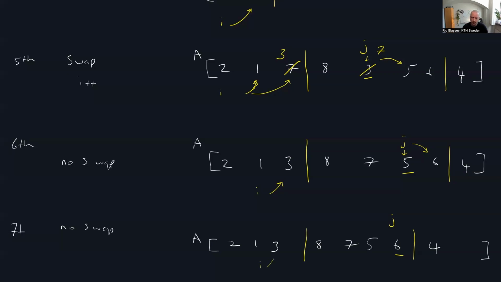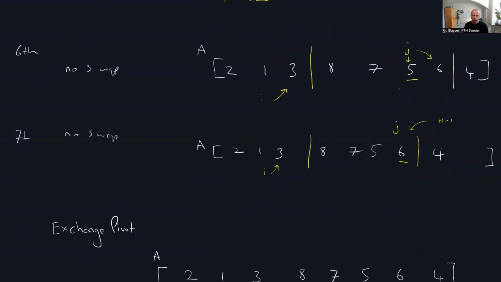So I is still pointing here, and J will have now got to this high - 1. Okay, so that position is not the last element, but the penultimate element. Okay, so this is when the for loop stops.